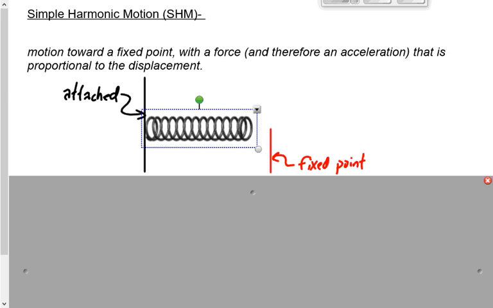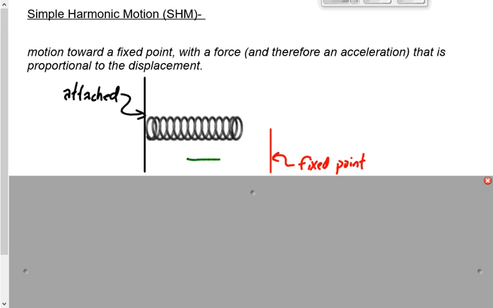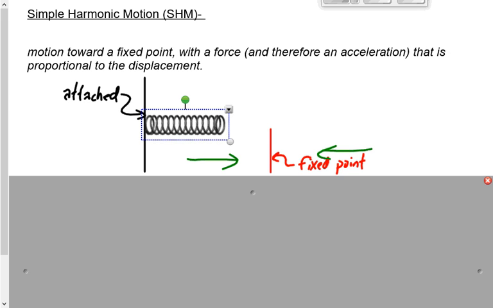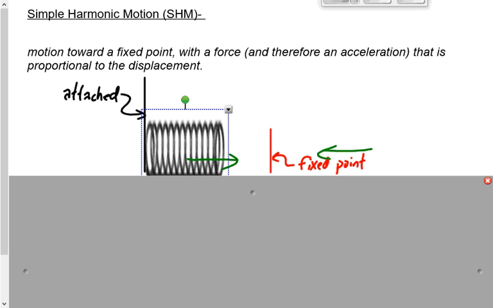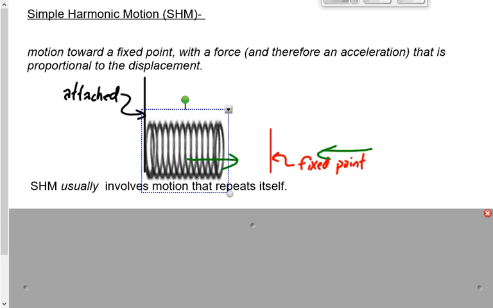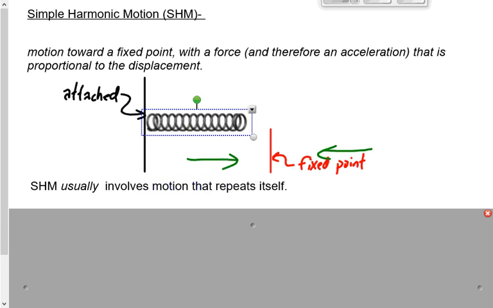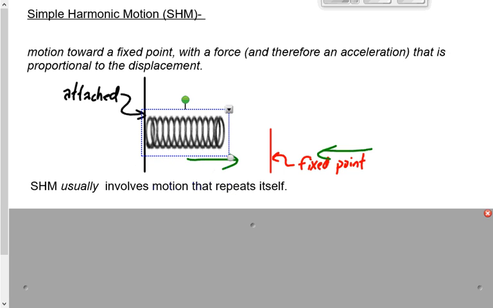Now it starts squishing, but it slows down because there's a force acting this way now. The force was acting this way toward the fixed point. Now the force is acting back this way towards the fixed point. And as this squishes more, that force pushing it back towards the fixed point gets bigger and bigger and bigger.